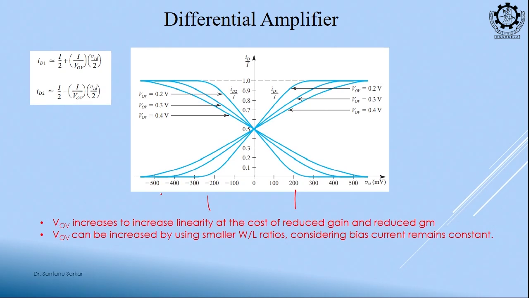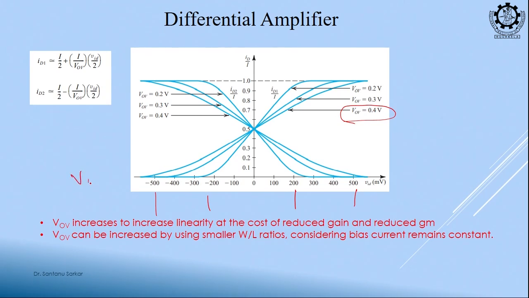Suppose I want to increase my linearity range, I want more range where it is more flat, when VOV is higher. So, if I want more linear range, what should I do? I should use more VOV. VOV increases the linearity.